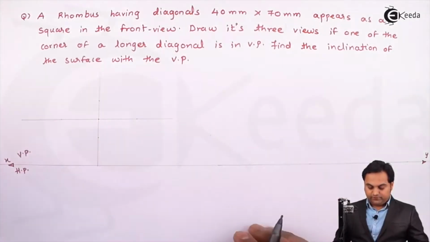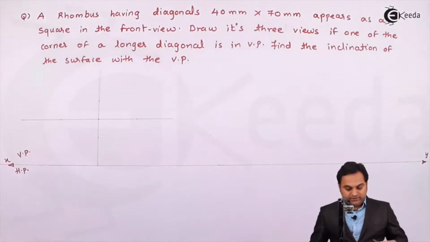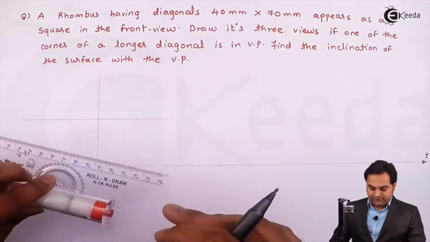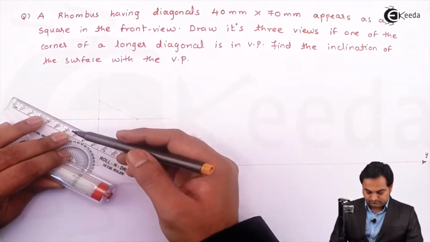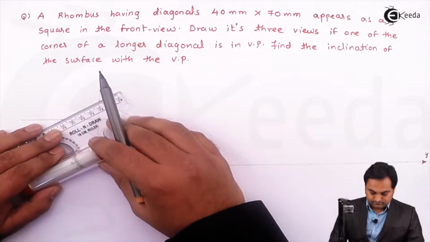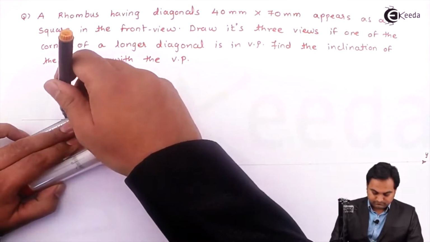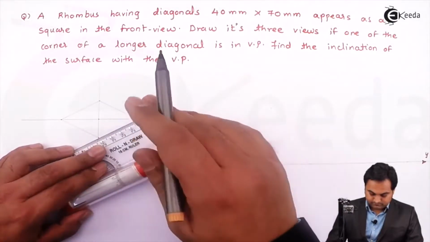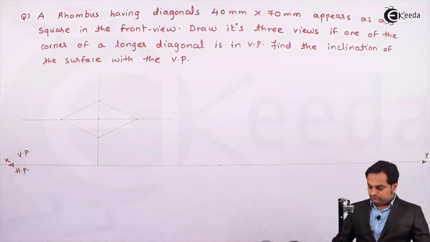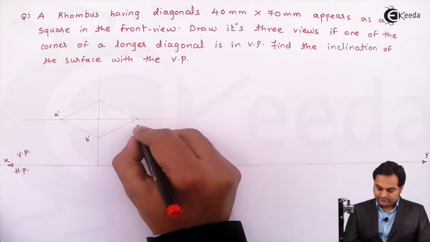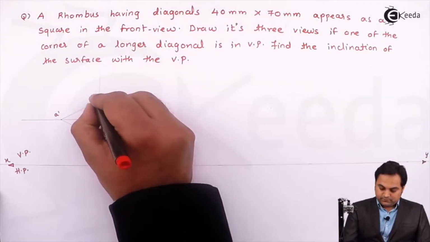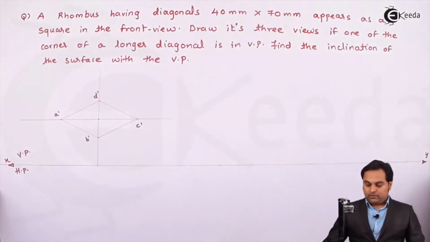Twenty on one side, 20 on the other side. Now with these 4 points, I'll join them to get the rhombus. A dash, B dash, C dash and D dash.